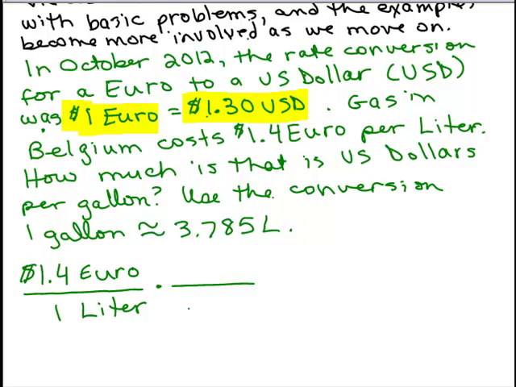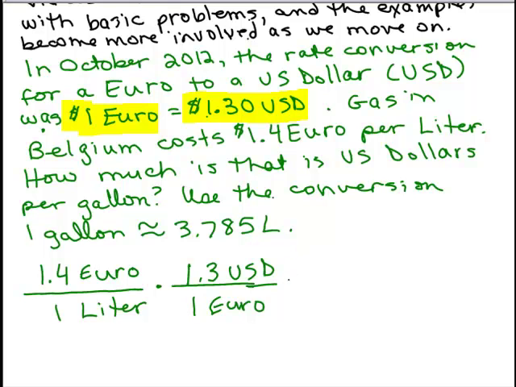Then I want the euro to be in the denominator to cancel out. So I'm going to put 1 euro is the same thing as 1.30 US dollars. You could leave off these dollar signs as well. It's up to you. It might be easier to look at without that.